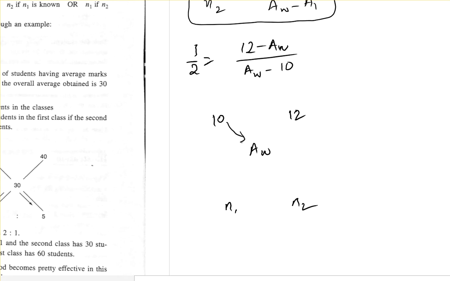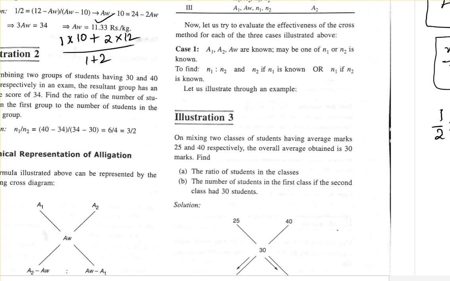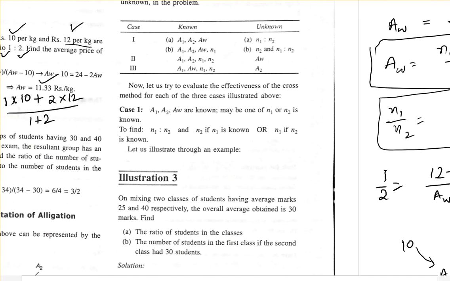So here you obtain AW minus 10, and here you obtain 12 minus AW. This ratio is equal to N1 is to N2. Yes, this question involved decimals, so it was not convenient using this formula. The first one was good, but let me show you another question.